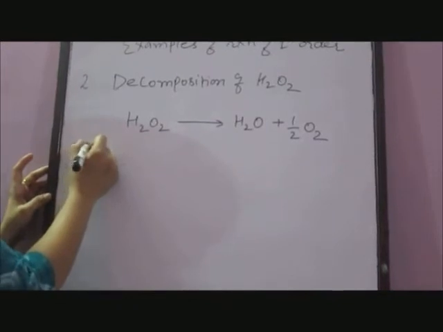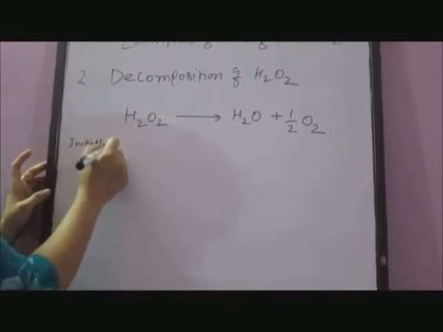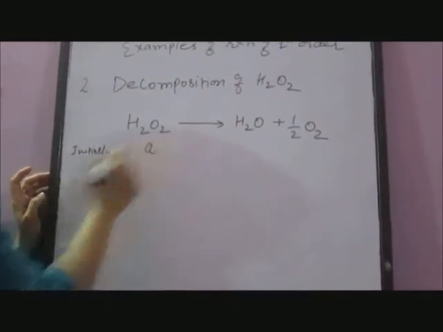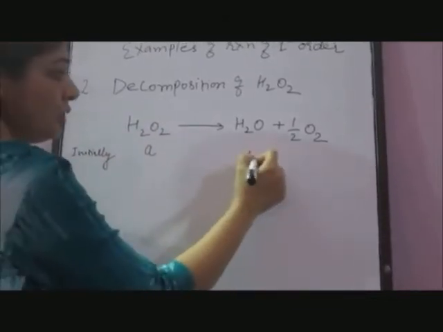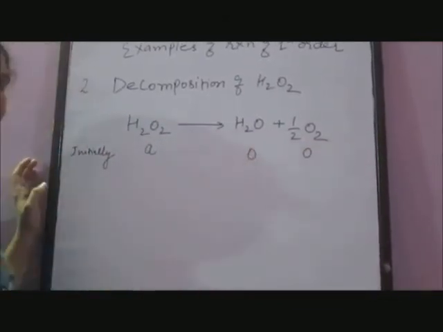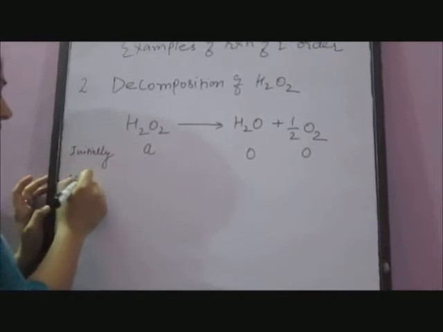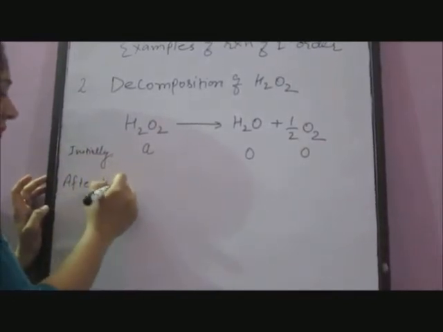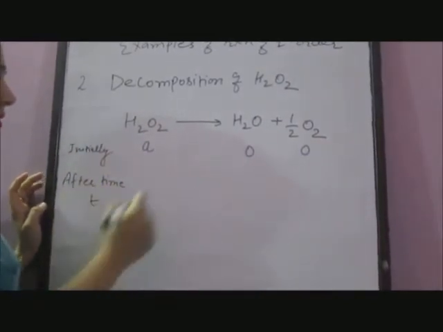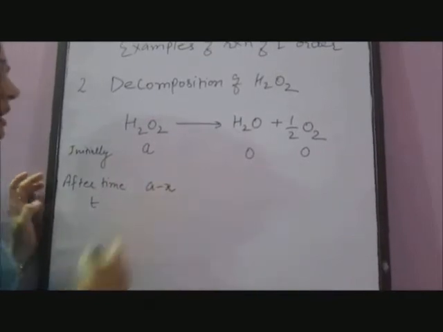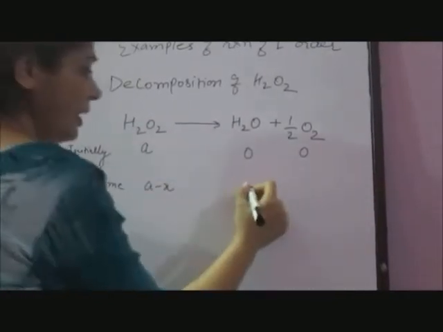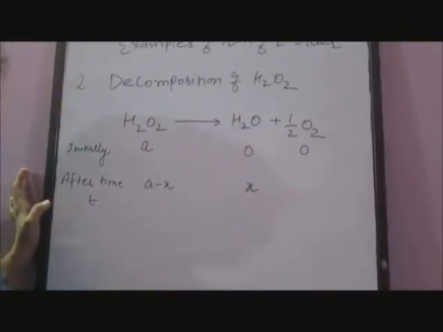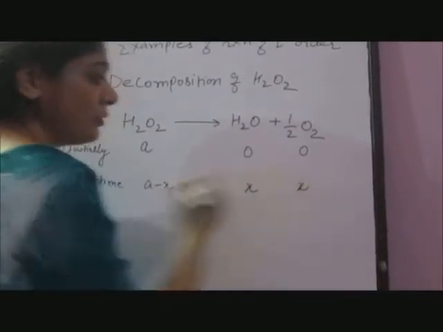Initially we have A moles of H2O2, 0 of water and 0 of oxygen. After time t, we are left with A minus x moles of H2O2, and this produces x moles of water and x moles of oxygen.